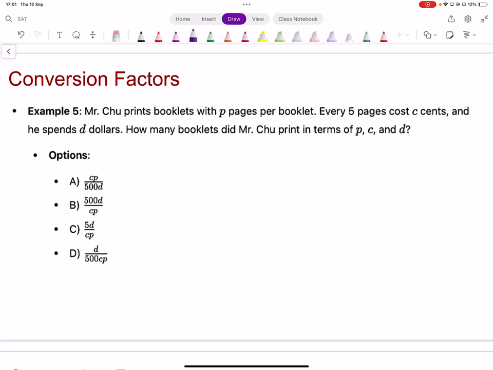The final answer has to be number of booklets. That's what the final unit has to be, right? Now, what are the rates given? P pages per booklet, right? P pages to 1 booklet. That's one rate, one conversion factor that's given.